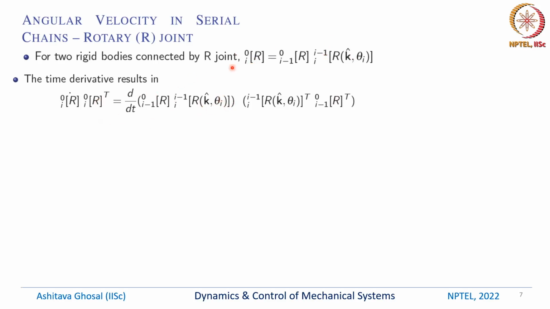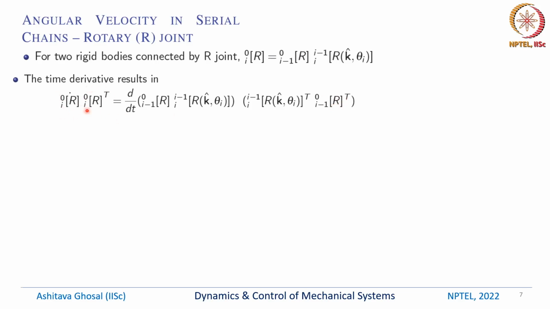If you take the time derivative of this equation, I want to find out the angular velocity. What happens to the angular velocity of the second rigid body with respect to the previous rigid body? If you take the time derivative and do some simplification, you can show that R dot R transpose of the left hand side is nothing but the d by dt of R, the rotation of i with respect to 0, times R transpose.